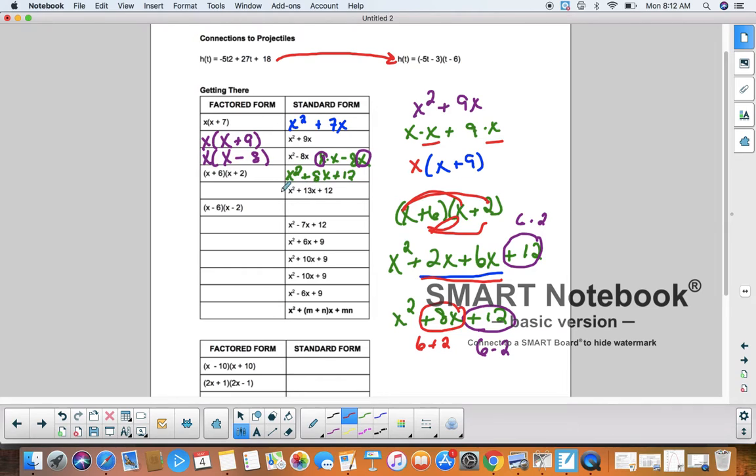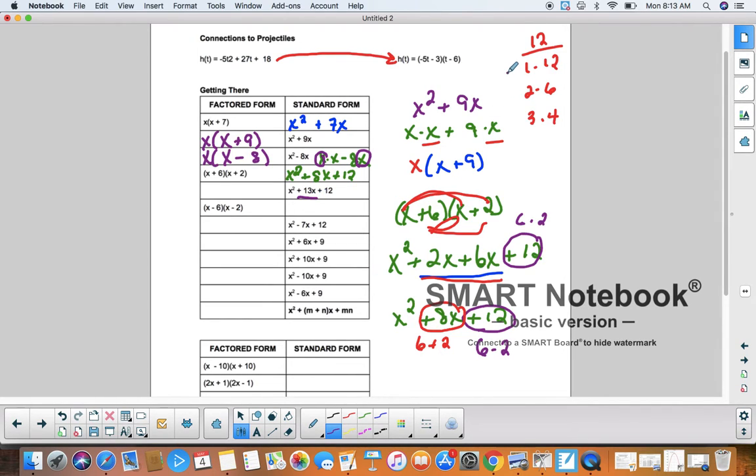So let's see what happens here when we try to work backwards. We need the numbers for 12 that will multiply to 12. So 1 times 12, 2 times 6, and 3 times 4. All of those pairs multiply to 12. Our goal is to find the pair, though, that will combine to give us 13.